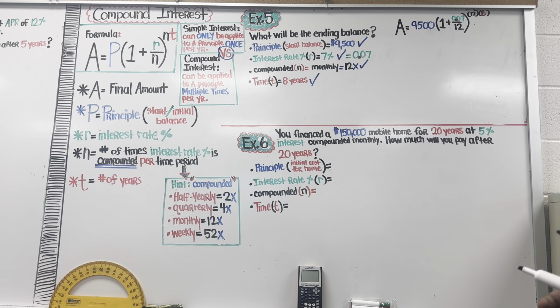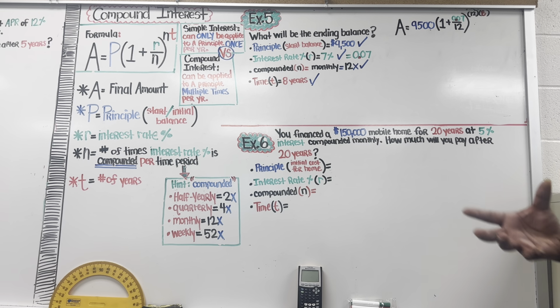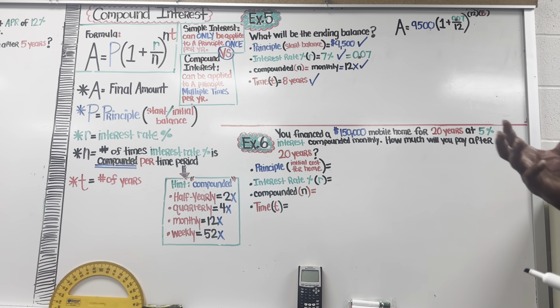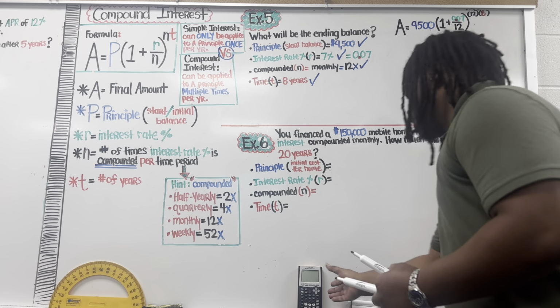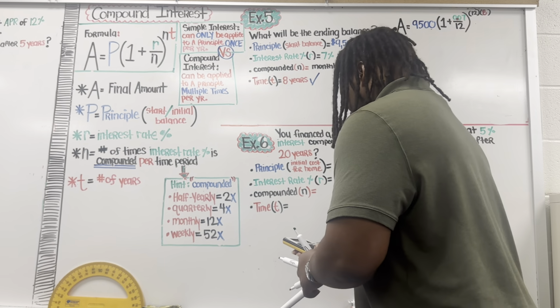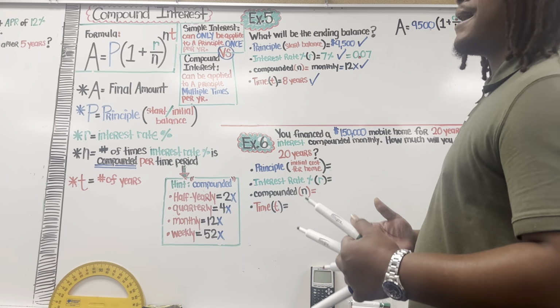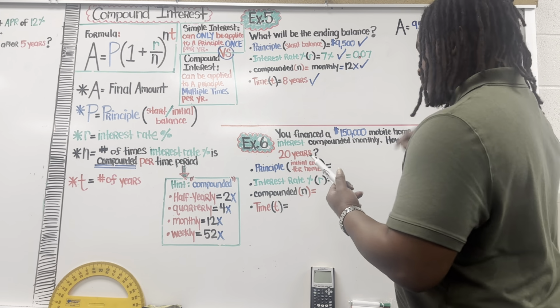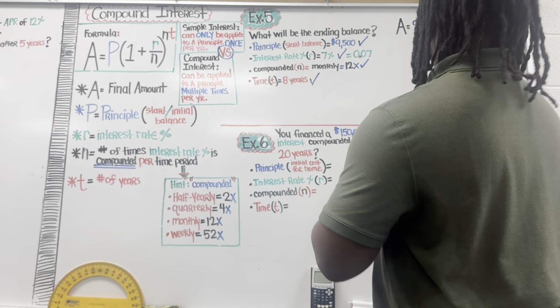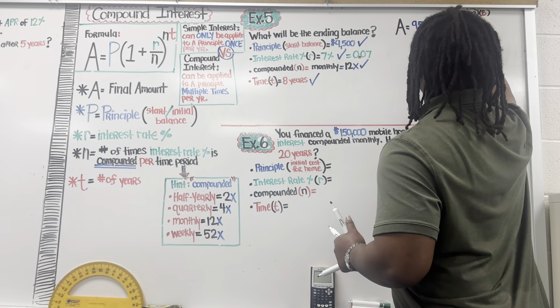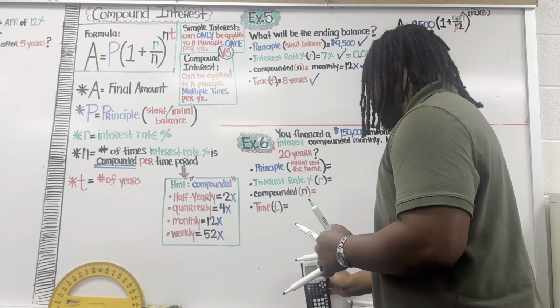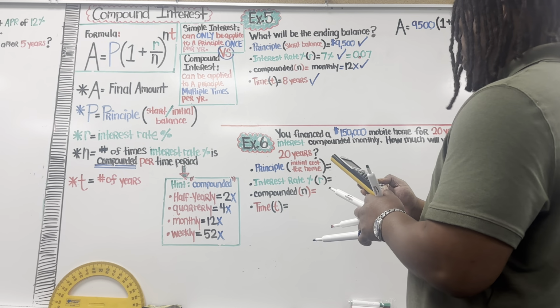All we need to do is simplify it down to a single value that's an answer. Now, the first thing we want to do, remember order of operations, PEMDAS, is start off with the parentheses first. We want to solve inside the parentheses. We're going to solve 0.07 divided by 12, and then add that to 1.